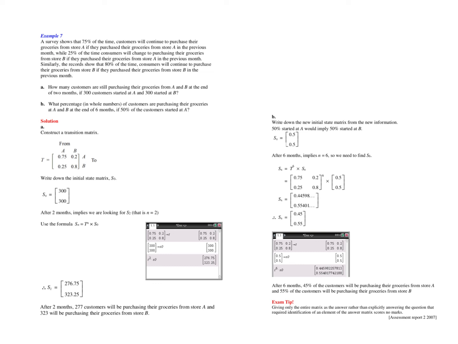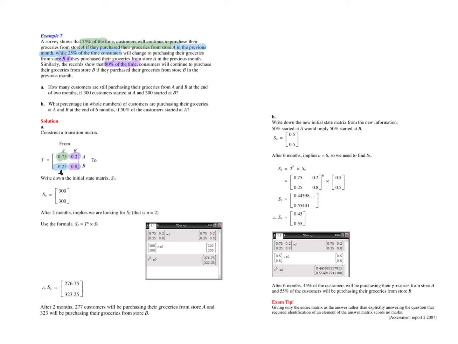Okay, if we quickly go through this example, we can see that it says customers go to a grocery store, either A or B, and it says 75% of those who purchase at A return to A. So you can see there's the 75%, and then they go on to say that if they previously were at A, they went to B. And then in their blurb, they said those at B, 80% returned to B, and therefore 20%, because remember these have to add up to 1.